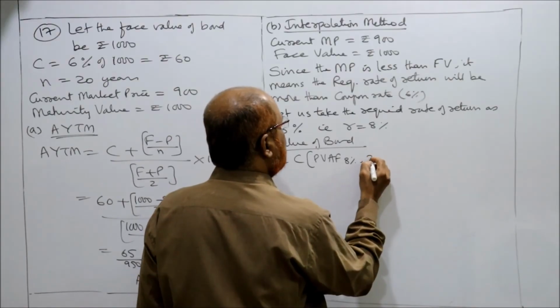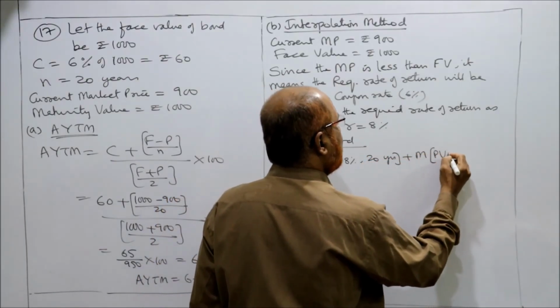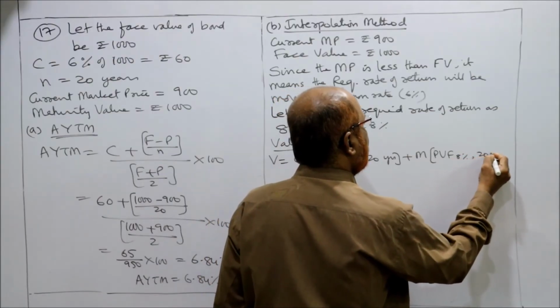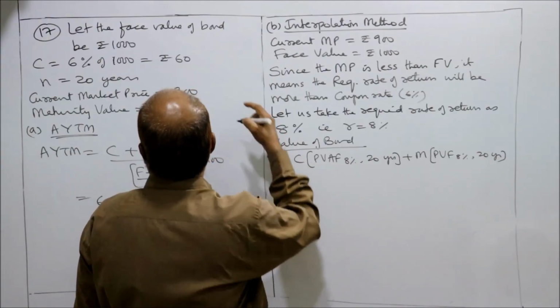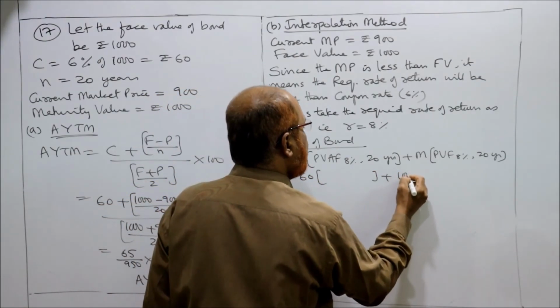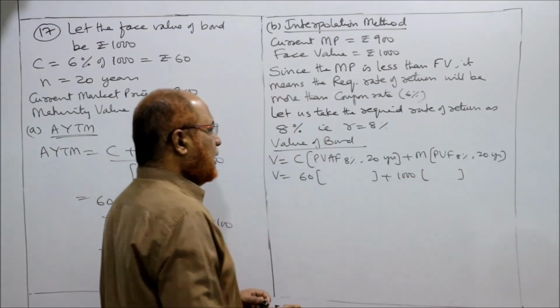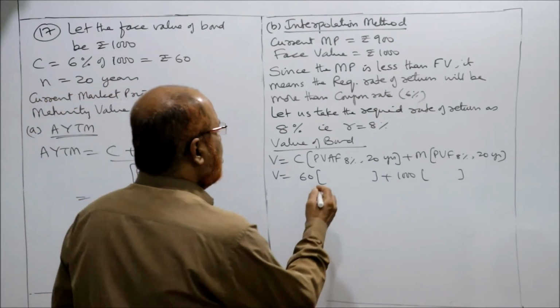How many years? 20 years. See, what is the coupon? 60 rupees. Now, 8%, 20 years: 9.818.